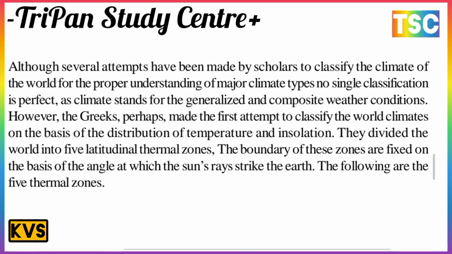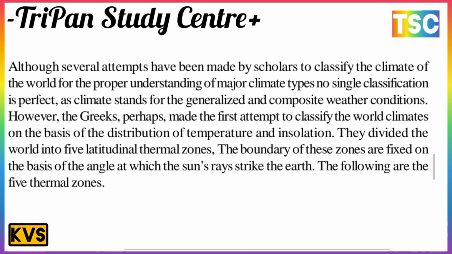However, the Greek scholars made the first attempt to classify the world climates on the basis of the distribution of temperature and insolation. They divided the world into five latitudinal thermal zones. The boundaries of these zones are fixed on the basis of the angle at which the sun's rays strike the earth.